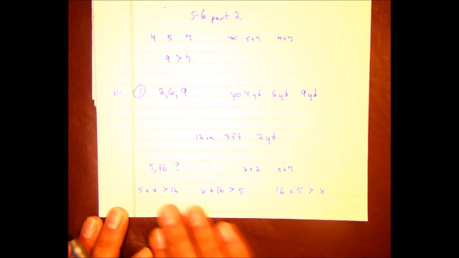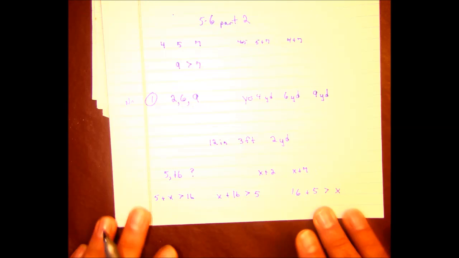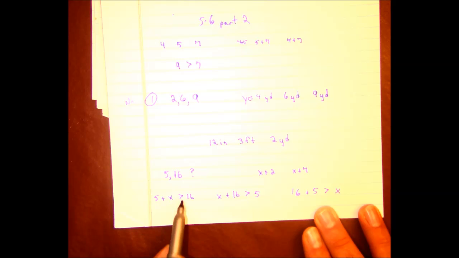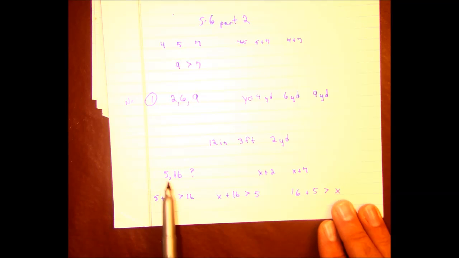So those are the three problems they want you to write out. Why? Because these two must be greater than the third. So if the third one I don't know, whenever I don't know something, I put an x. So it'd be 5 plus x is greater than 16. 16 plus x is greater than 5. And then 5 plus 16 is greater than x.